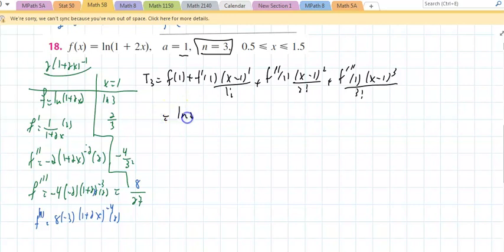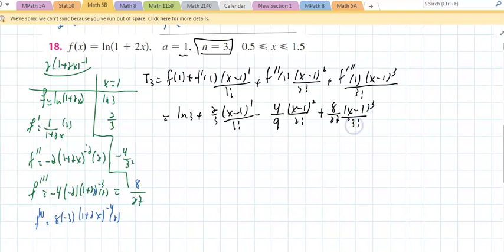f of 1, natural log of 3, plus 2/3 times (x minus 1) to the 1 over 1 factorial, minus 4 over 9 times (x minus 1) squared over 2 factorial, plus 8 over 27 (x minus 1) cubed over 3 factorial.